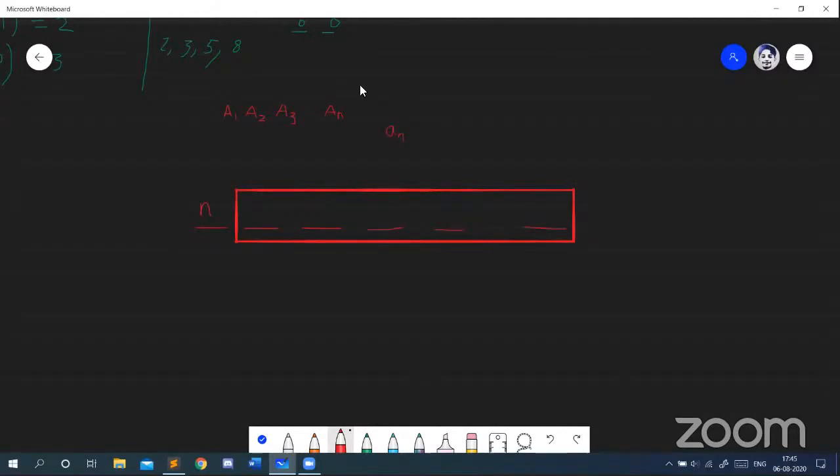So let me call the problem of filling n things in a line as an, and then I can fill the first blank in n ways, and the problem reduces to filling n minus 1 blanks with n minus 1 objects, which is just arranging n minus 1 objects in a line, and that will just be a of n minus 1, right? And we get this.